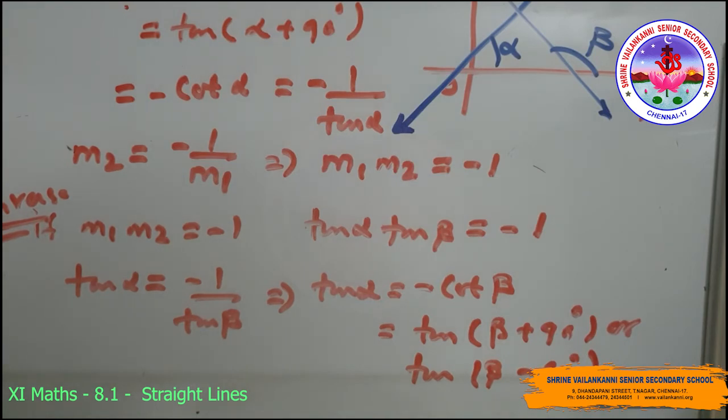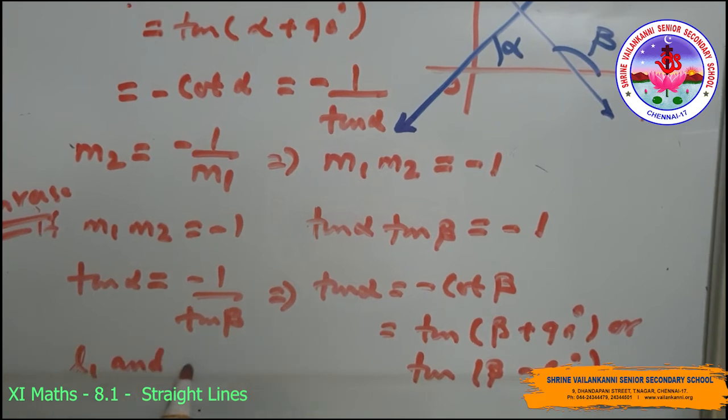Therefore, alpha and beta differ by 90 degrees. We can say that L1 and L2 are perpendicular to each other.